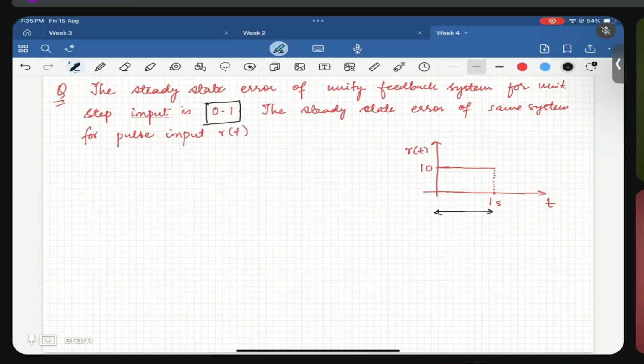So from the question, let's try to find out what information we are given. So we have a unity feedback system, meaning H equals 1, right? So for steady state error, we know e steady state is given as limit s tends to 0 of s R(s) divided by 1 plus GH. In the previous question we calculated this, right?